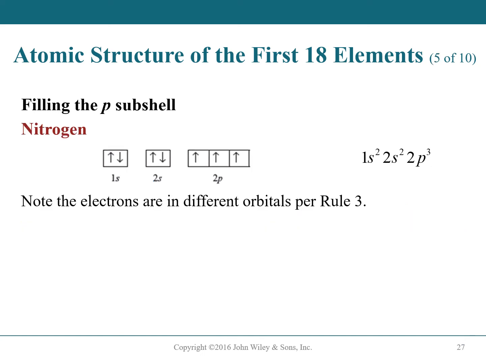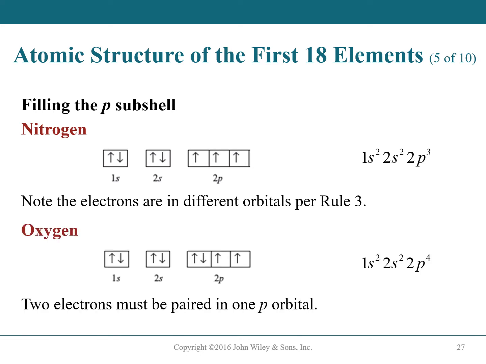Okay? Likewise for nitrogen, because these are degenerate, we put one each. Now, when we get to the next element, oxygen, we have to pair one of them. So what you're going to do is when you get a degenerate orbital, those are ones that have the same energy, and you have multiple, so we have 3 of the p's, 5 of the d's, and 7 of the f's.